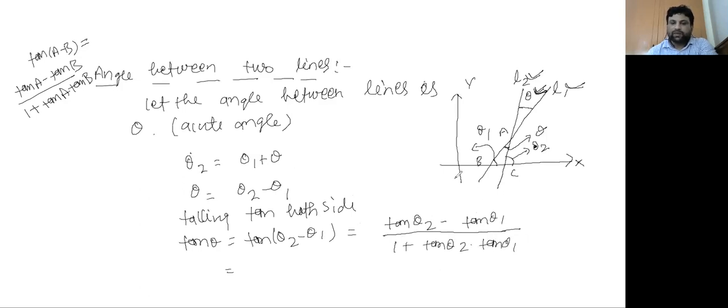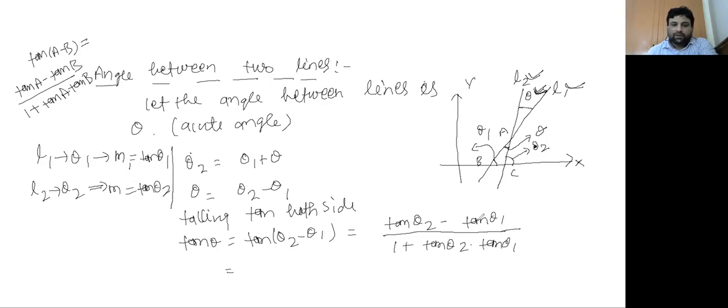Clear? So if line 1 is making theta 1 angle with the positive direction of the x-axis, I think everybody knows this: the slope of the line L1, m1, is equal to tan theta 1. Similarly, if line L2 makes theta 2 angle with the positive direction of the x-axis, then its slope is m2 equal to tan theta 2.